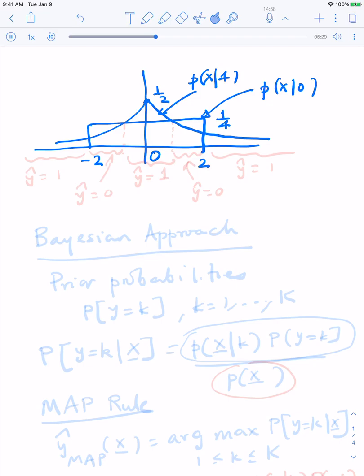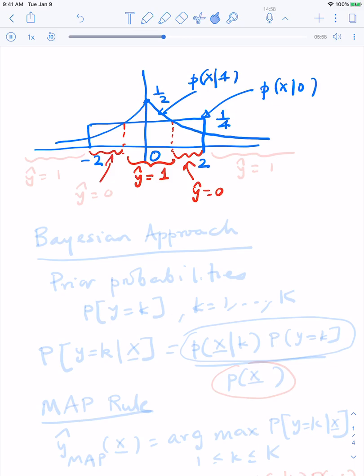Now we can see, out here you have P of x given 1 bigger than P of x given 0, so your y hat will be equal to 1. That's the maximum likelihood rule. Out here you have that the conditional density given 0 is bigger than the conditional density given 1, so you have y hat equals 0.